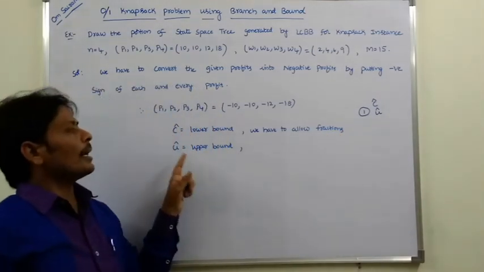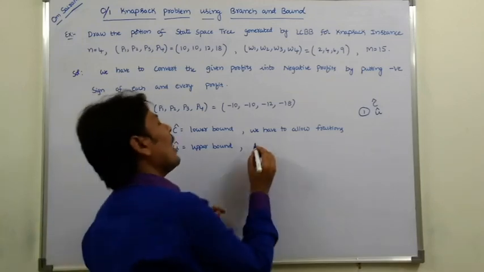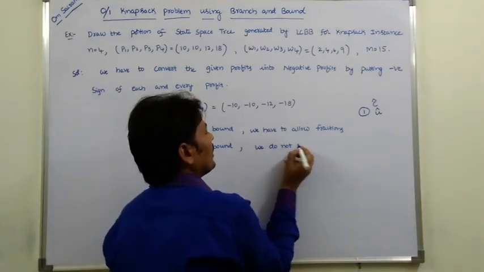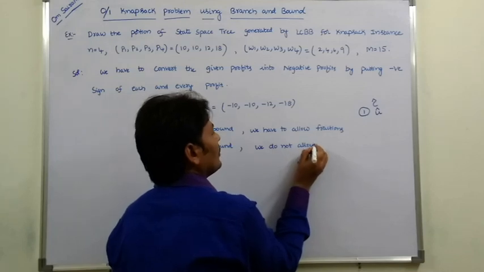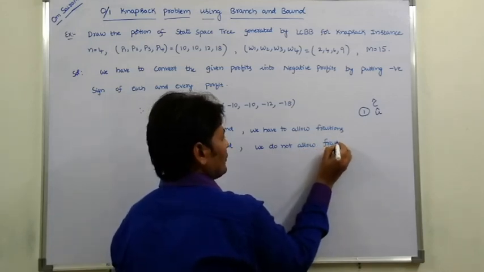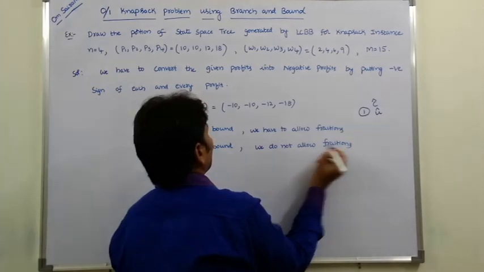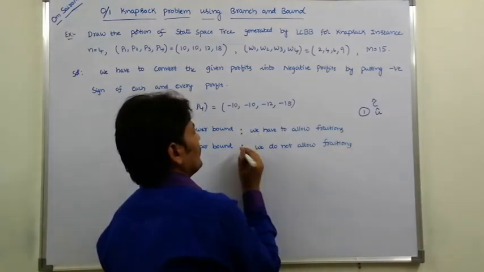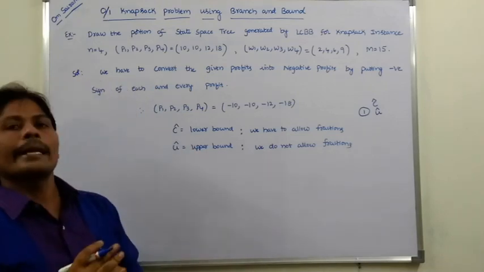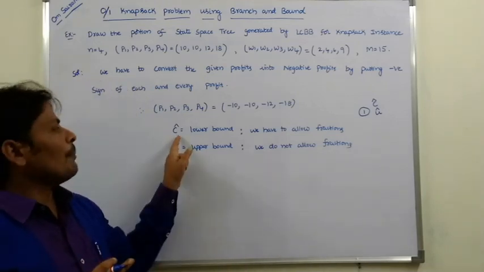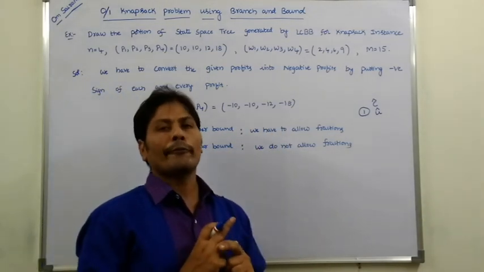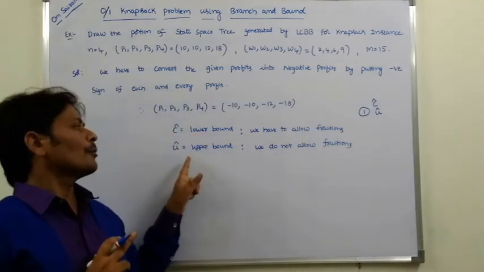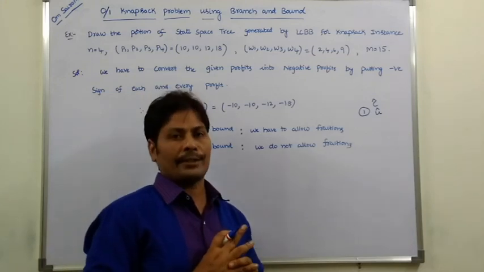While calculating the upper bound, we do not allow fractions. Okay. While calculating lower bound C cap, we have to allow fractions. While calculating upper bound U cap, we do not allow fractions.